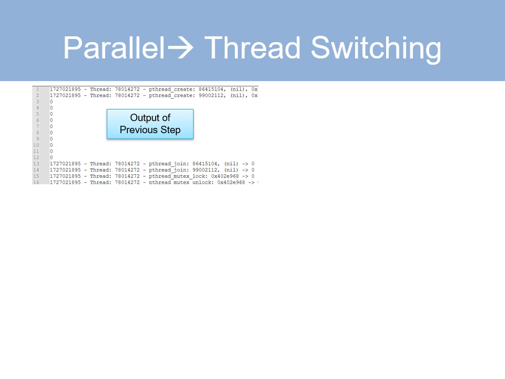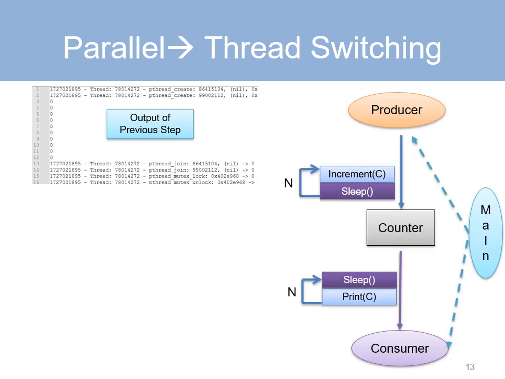If you notice here, I got all zeros. I didn't get 0 to 9. That's because once the consumer starts printing, it'll keep printing and not give the producer a chance to increment. There's no synchronization. So the next stage is that after each increment, the producer sleeps, and after each printing, the consumer sleeps.